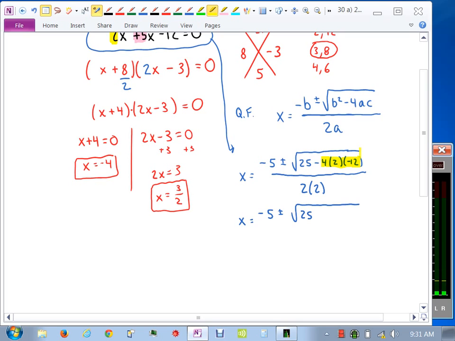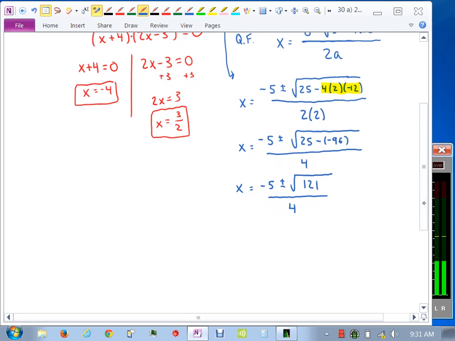And that's going to give you, sorry, having problems here, 96, or negative 96. So I'm going to have minus negative 96 all over the 2 times 2 is 4. So x equals negative 5 plus or minus square root. When you subtract a negative, it's the same as adding. So I'm really going to do 25 plus 96. That gives me 121 all over 4.